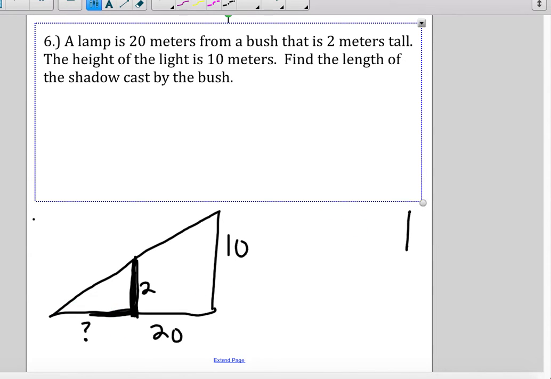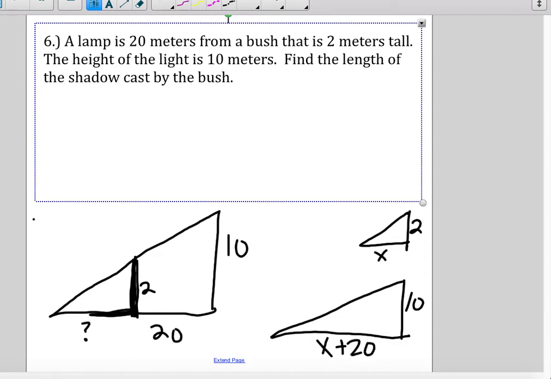So again, drawing two separate triangles would help us understand the actual sides of the two shapes. And so the smaller triangle, we have 2 and x. The large triangle is going to be a 10, but the bottom's going to be x plus 20 because we don't know this length and we know here. And so to solve this problem now, we would have 2 over 10 would equal x over x plus 20.